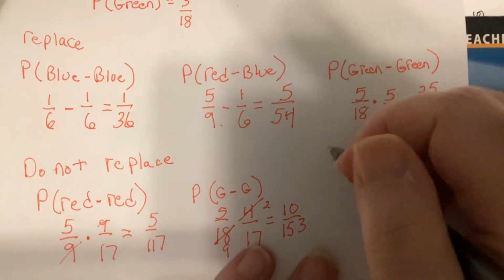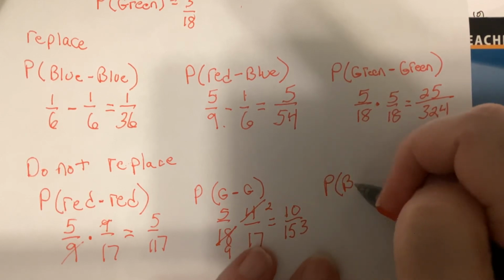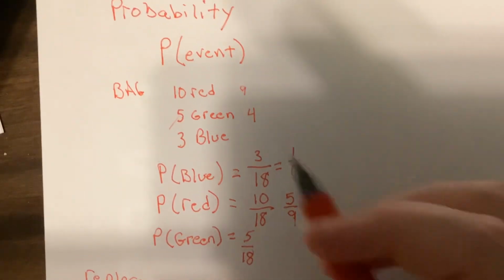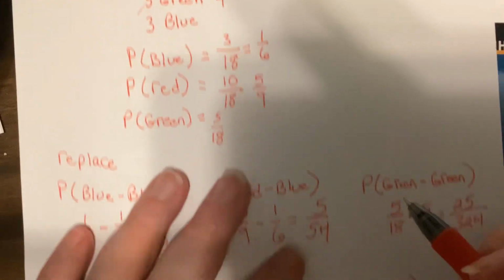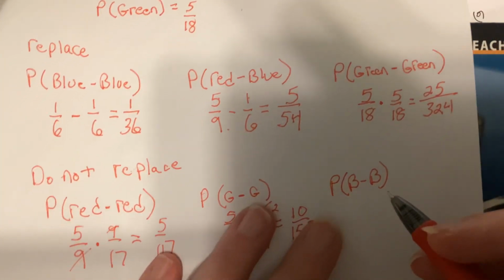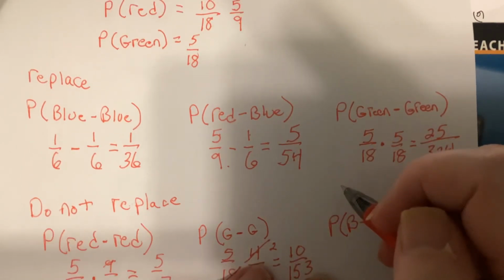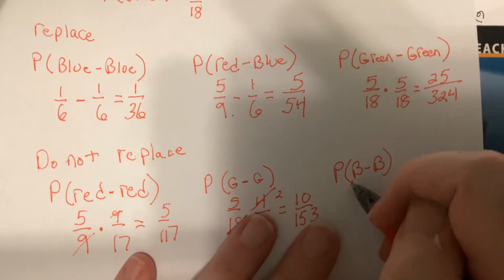So try one on your own. What's the probability of drawing a blue, then a blue, if we're not replacing the marble, but we are starting back to the beginning bag, 10, 5, and 3. So the original blue would be 3 out of 18, which is 1/6.